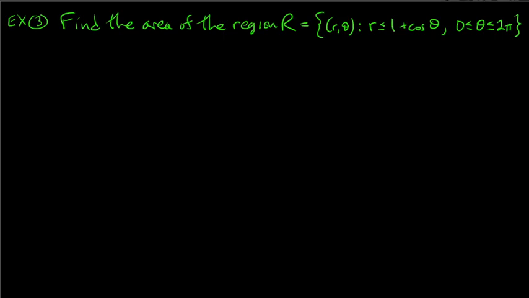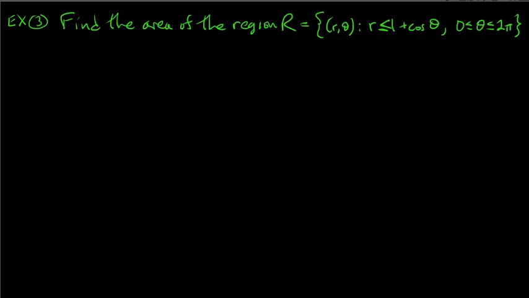Okay, so we want to find the area of the region R, and it's given to us in polar coordinates, r and theta. So r is less than or equal to 1 plus cosine theta, and theta just varies between 0 and 2 pi.